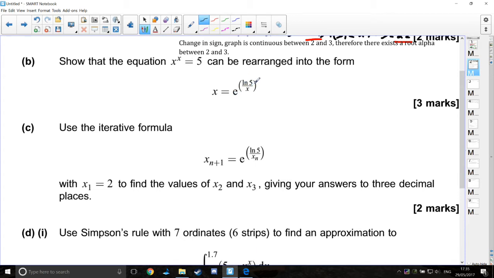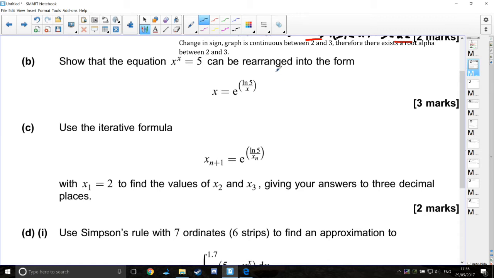So if we try getting this ln 5 first, we can do that by taking ln of both sides. The reason I'm looking at this ln 5 is that it's the most inner part of the function. Because it's the most inner part, it looks like that's probably the thing that was done first, before everything else, like the divide by x, then the e happened.